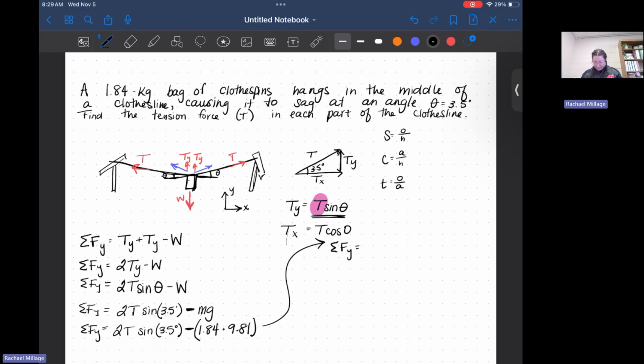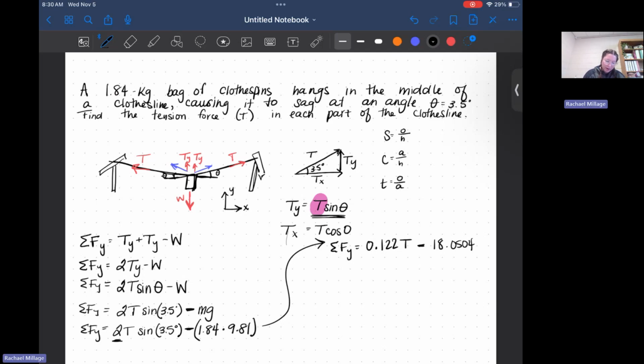The sine of 3.5 degrees is 0.061. When I multiply that by 2, I get 0.122T. So I condensed my 2 and my sine of 3.5, minus, and then we have 1.84 times 9.81 is 18.0504.